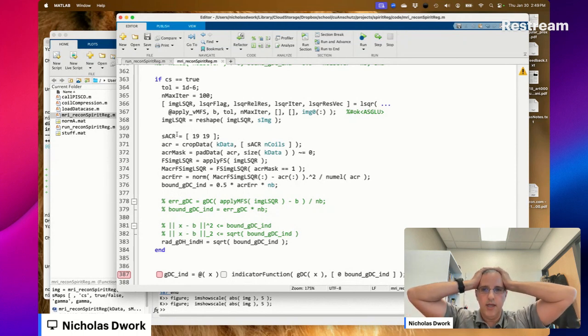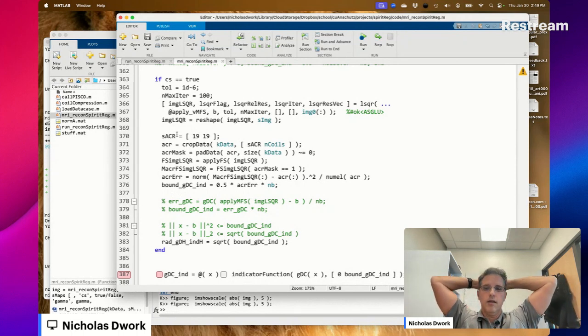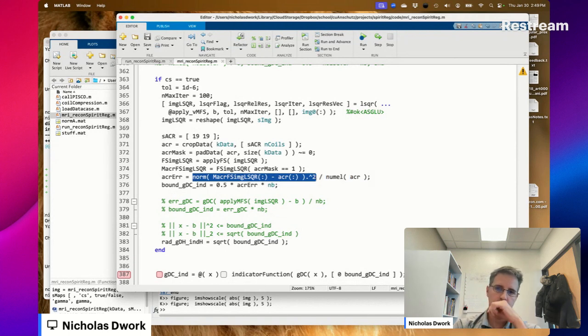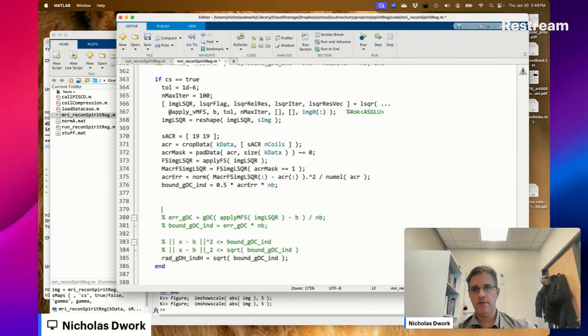Okay. I think the thing to do is use a weighted norm. We're going to leave that for tomorrow.